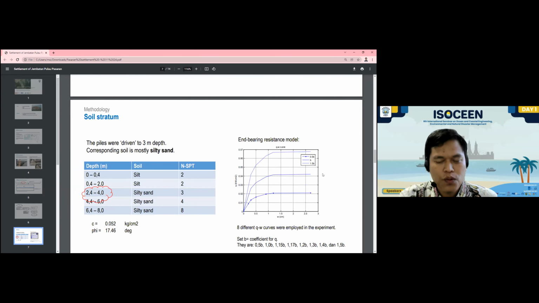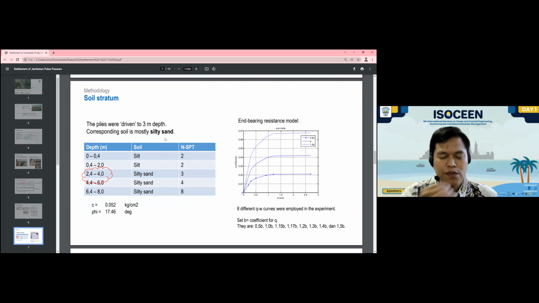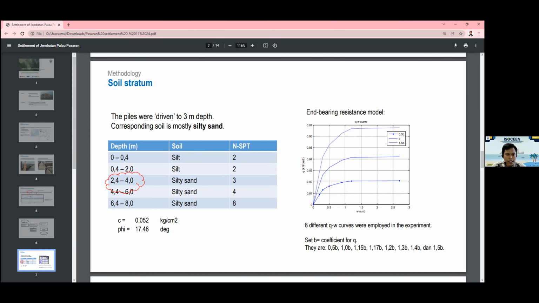And we move to the condition of the soil. To be precise, it is the soil strata taken in borehole PH1. This is the condition of the soil beneath the seabed.